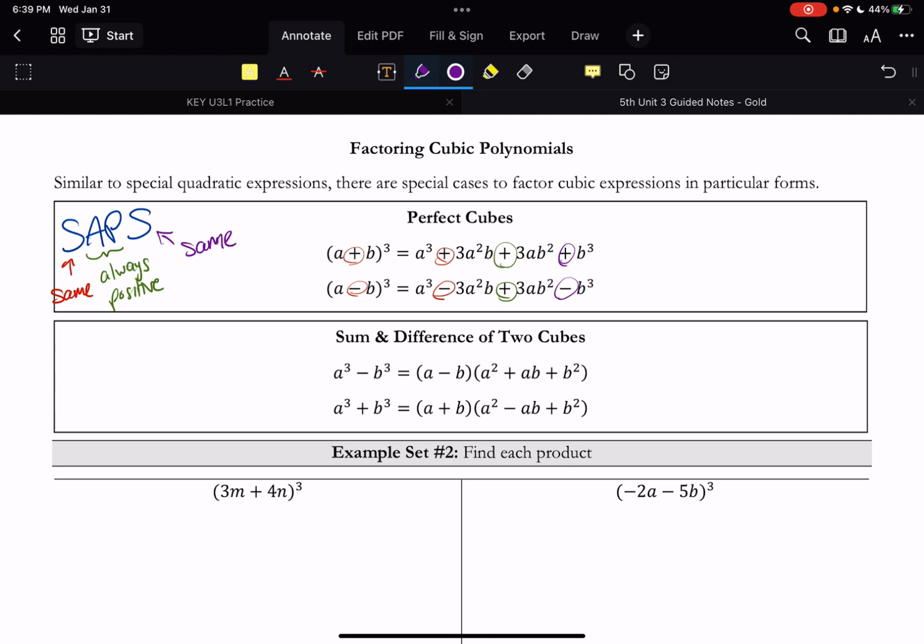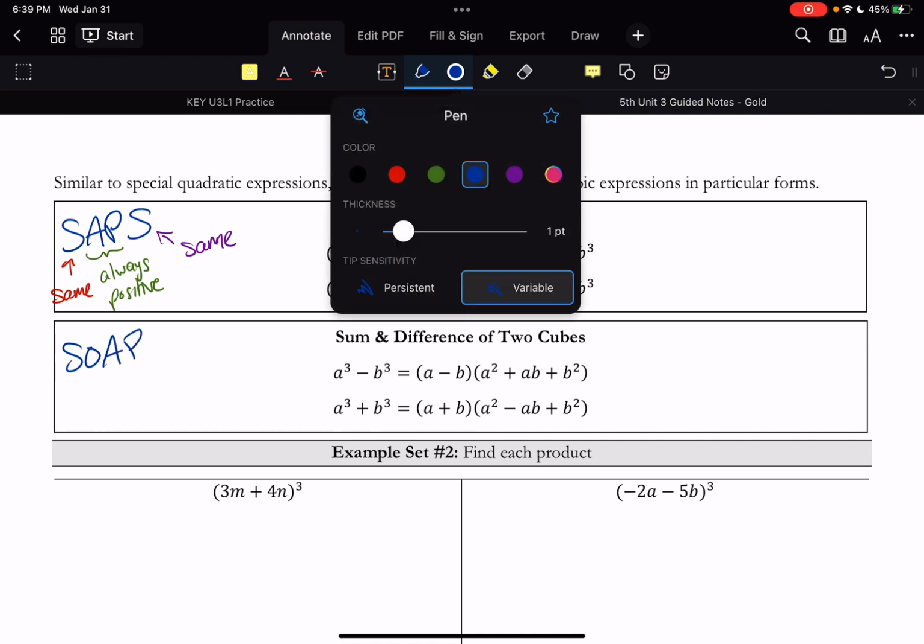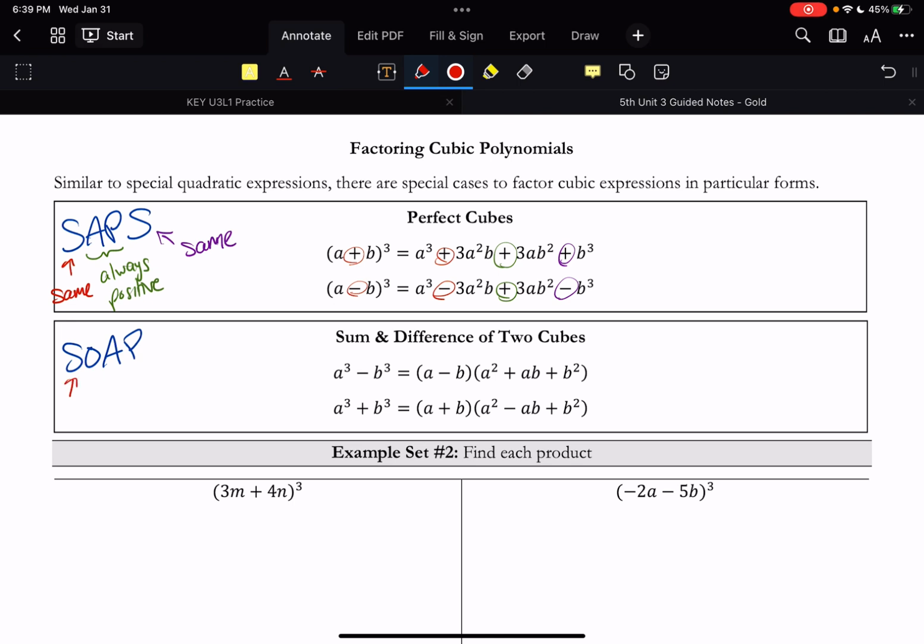When it comes to the sum and difference of two cubes, again, the formulas in terms of the order is not different. What's different is the signs. So a cubed minus b cubed or a cubed plus b cubed, we have these formulas. So the trick to remember this is SOAP. So the first sign is always going to be the same, whether that be addition or subtraction.